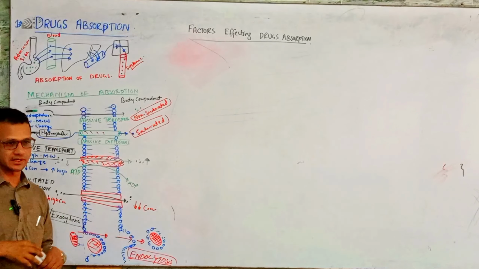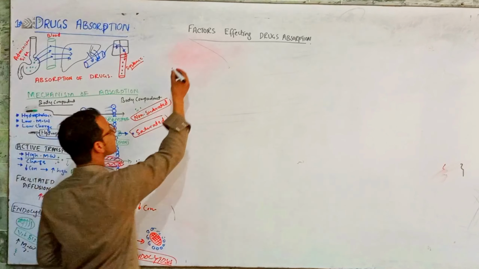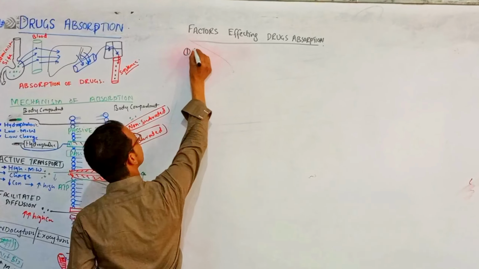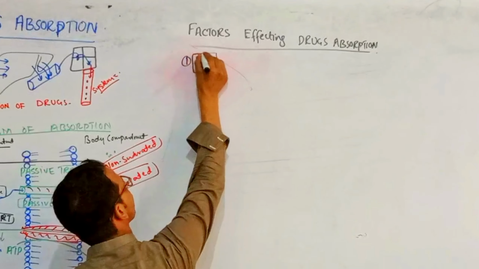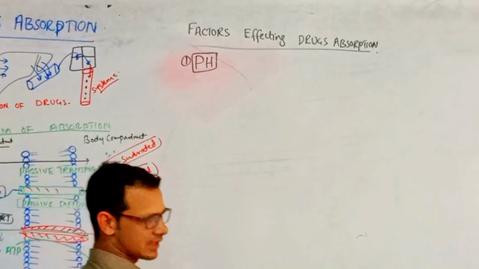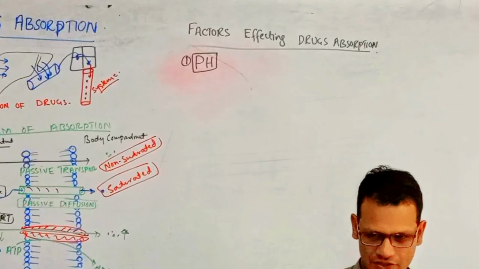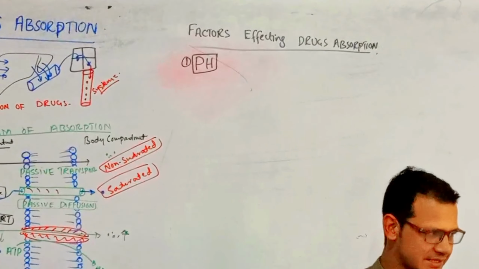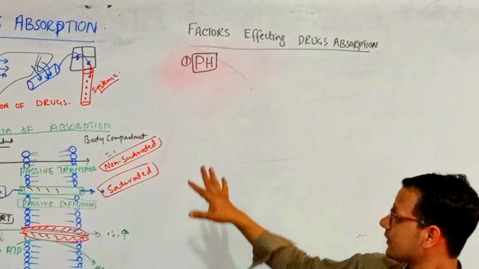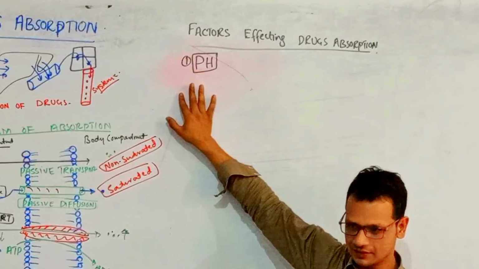The first one is pH. The absorption of a drug depends upon the environment from which the drug is absorbed. For example, whether the environment is acidic or basic. Second, it depends upon the hydrogen ion concentration.